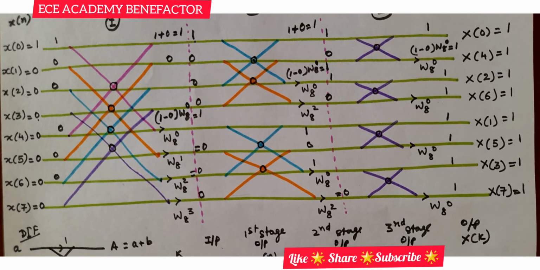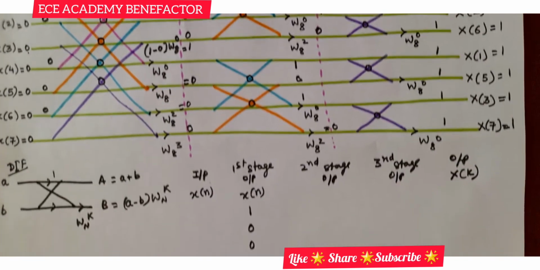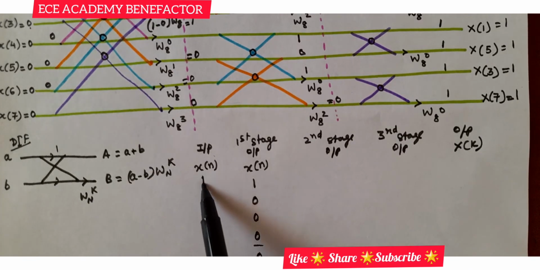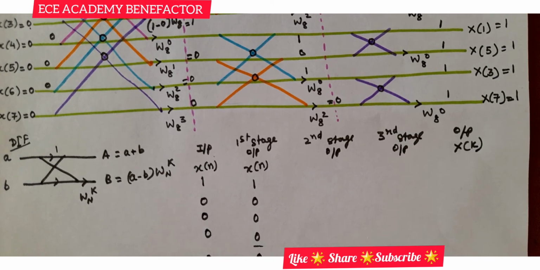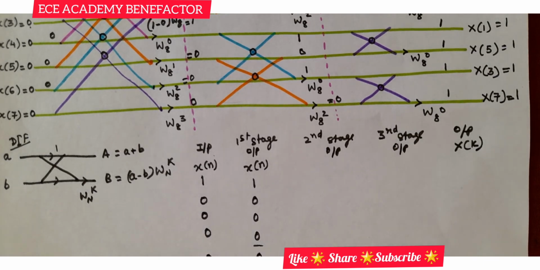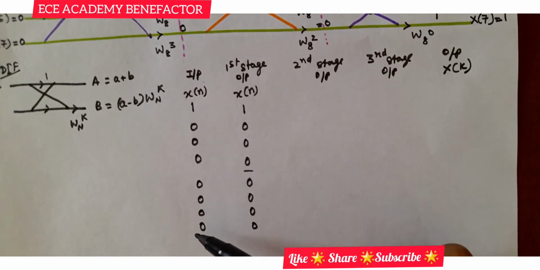So output of second stage will be, input is this one, x of n, 1 000 and then 4 zeros.